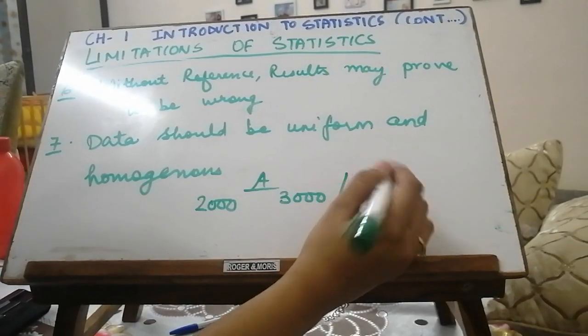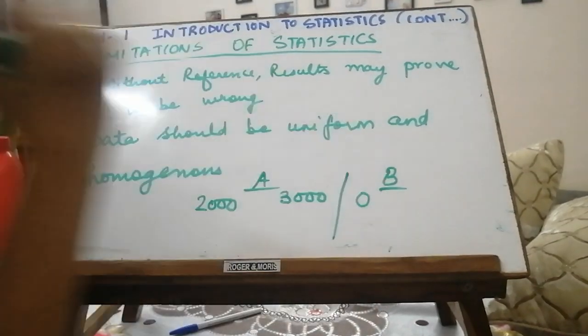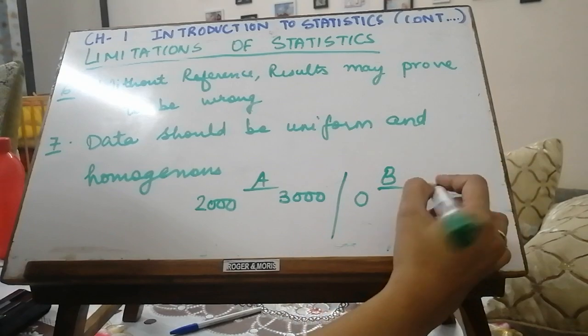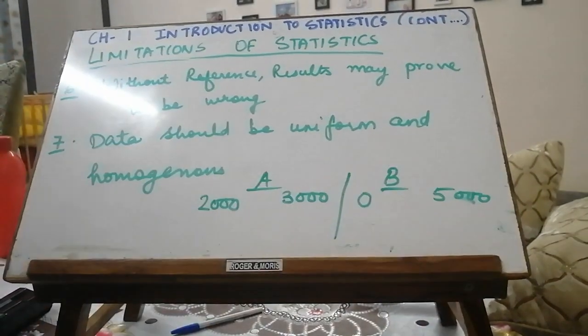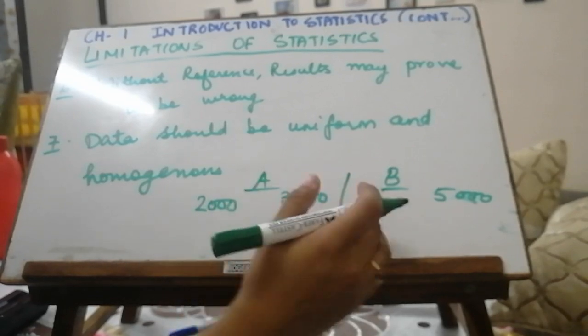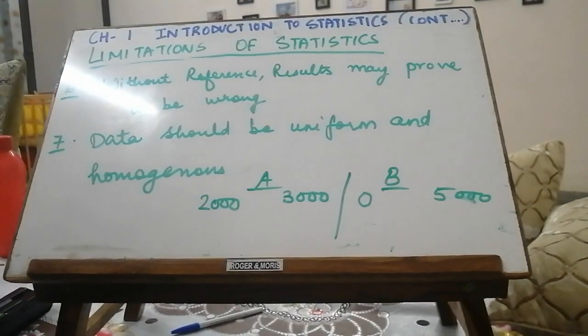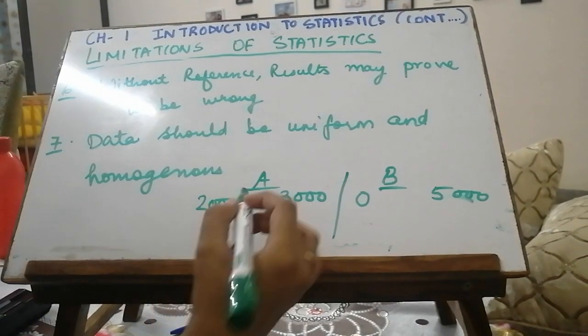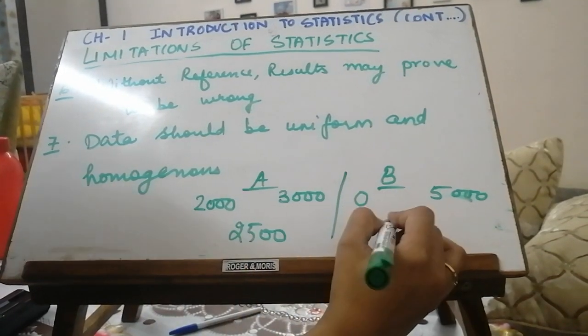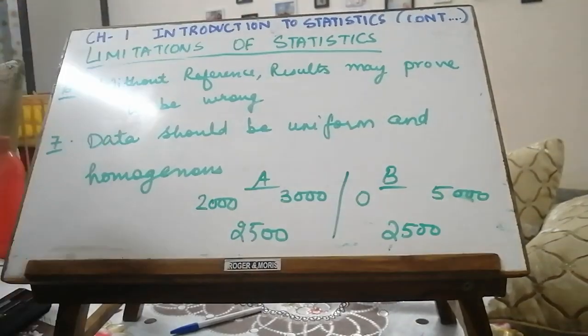B earned a profit of 0, and in the second year, let's say, 5,000. So A has been more or less consistent and B has had a jump from 0 to 5,000. The average of A comes out to be 2,500 and B's average is also 2,500.